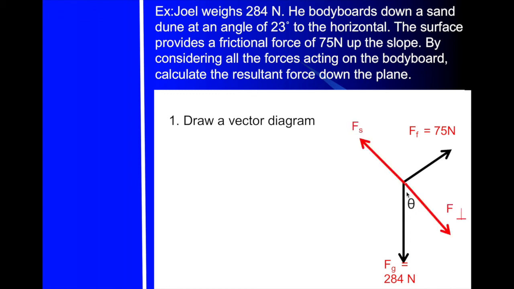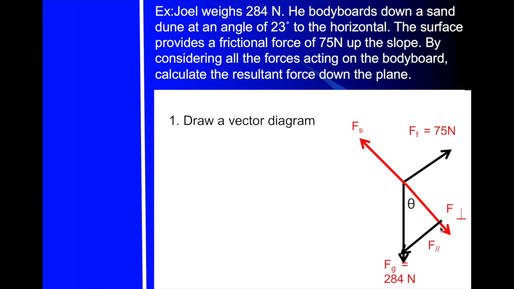Now, here are some other things that we know. We can draw the support force, or the normal force, which is perpendicular to the plane that Joel is sliding on. In the opposite direction, this is the perpendicular force, and this would be our parallel component. It is parallel because it is parallel to the surface, and this is the perpendicular, and then this would be our resultant.